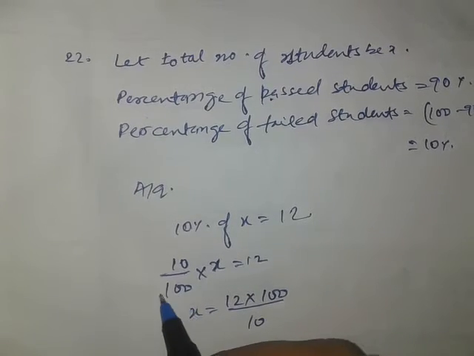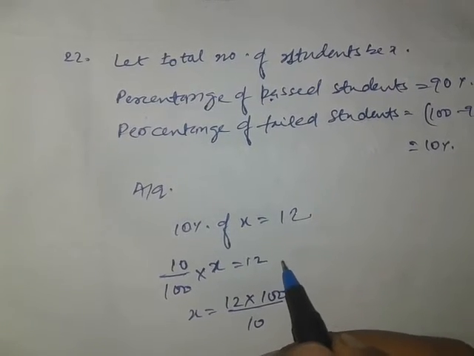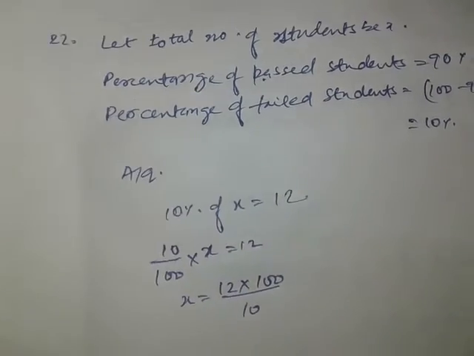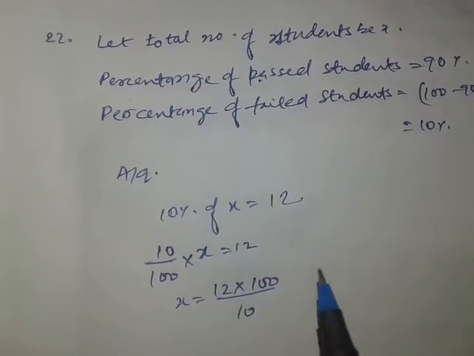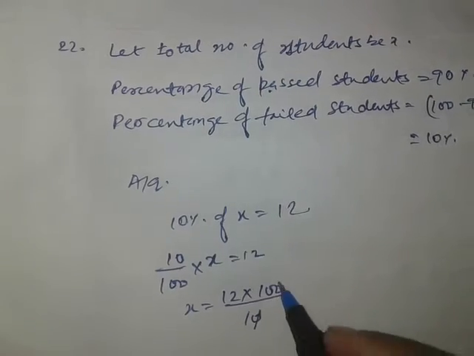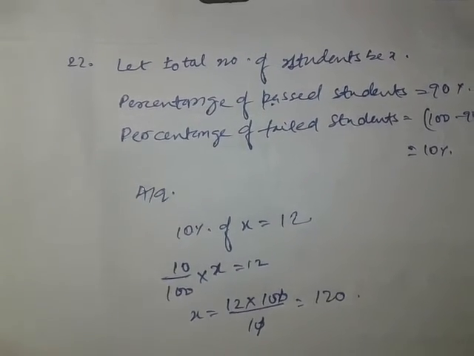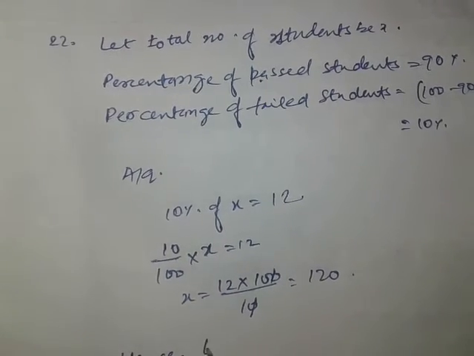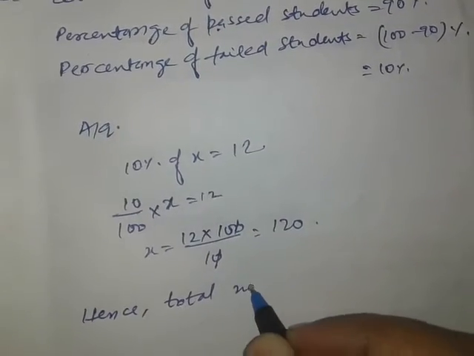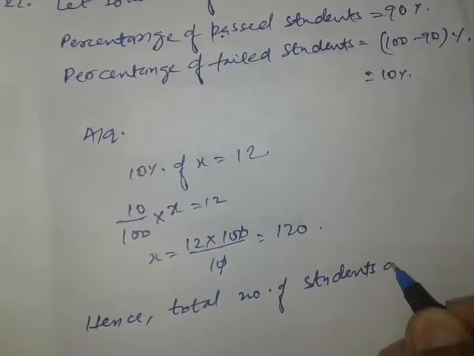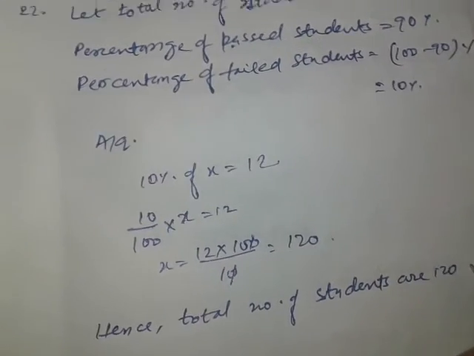How did I write this? Because the denominator comes to the other side and becomes the numerator, and the numerator becomes the denominator when we change sides, left to right or right to left. You studied this in class 6. It is 120. Hence the total number of students is 120.